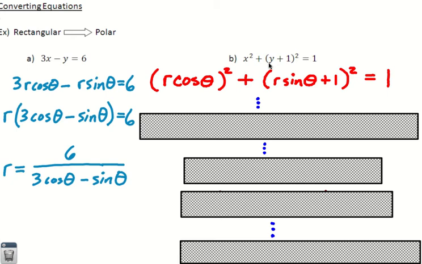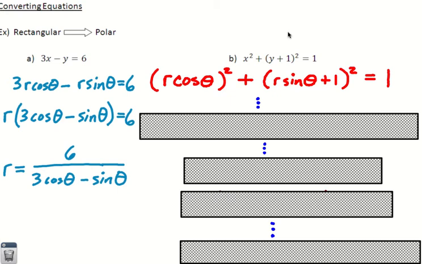Now, look, here's something I'm probably going to point out in class before I move on. What would happen next is that we would have to actually square this bubble, which is no big deal, but squaring this is essentially going to mean FOIL, where it's r sine plus 1 times a repeat bubble of r sine plus 1, and that would require FOIL.